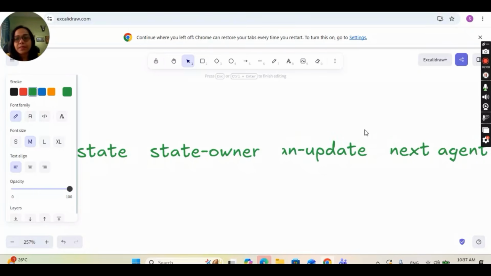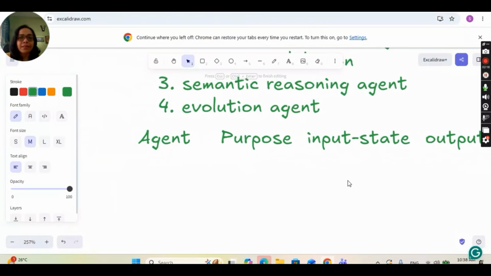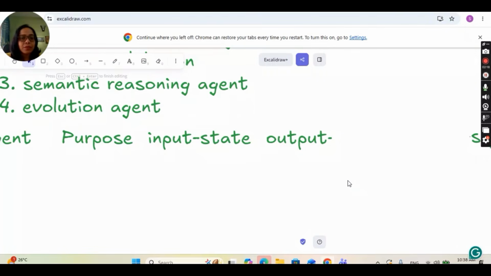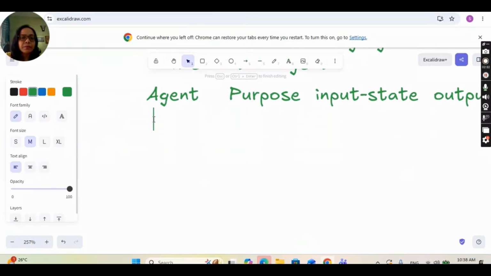So the next agent. So if I give examples of our first agent, the first is our semantic understanding agent, right?